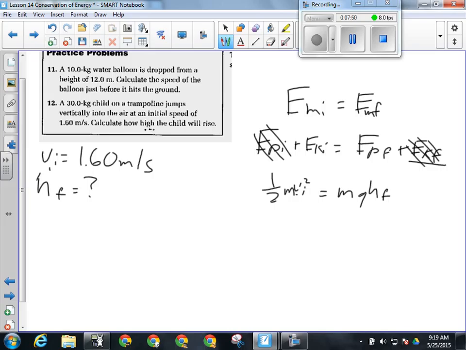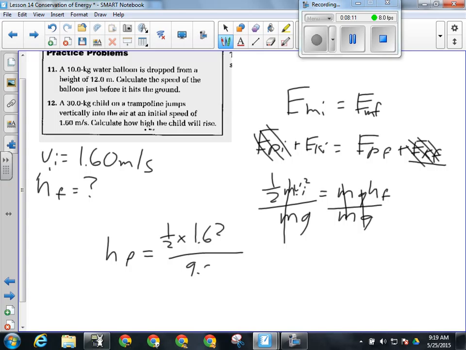M and g, right. Will m cancel again? Yes, it will. So I've got 1/2 of vi squared divided by g equals hf. So 1/2 times 1.6 squared divided by 9.81.